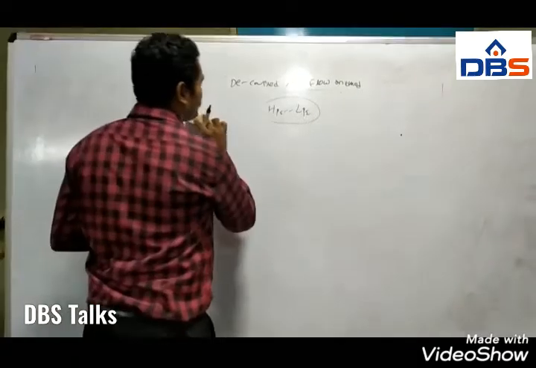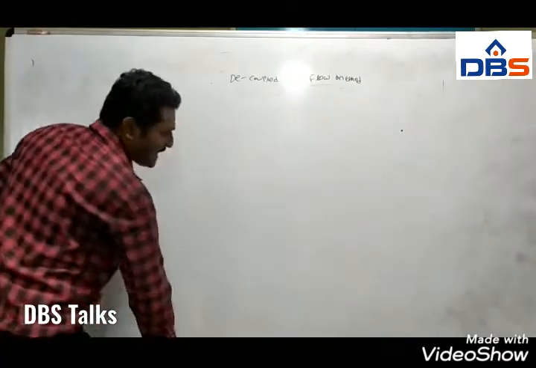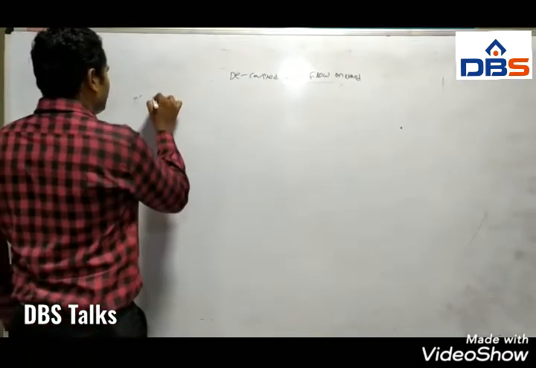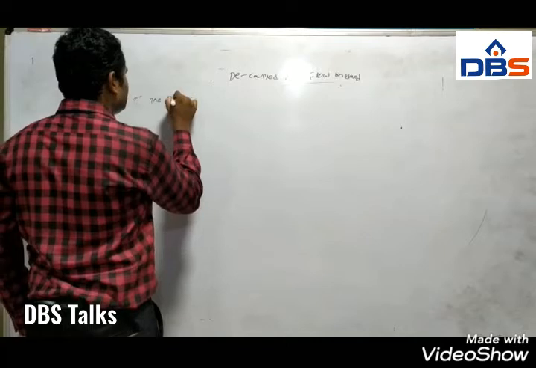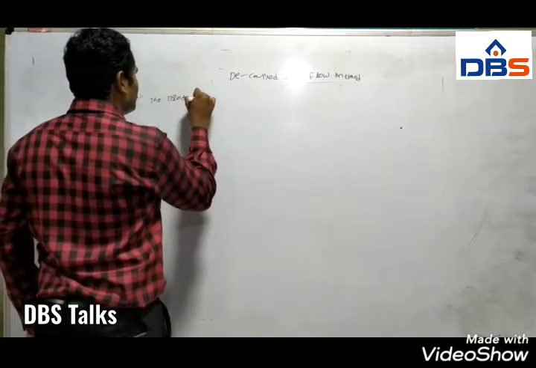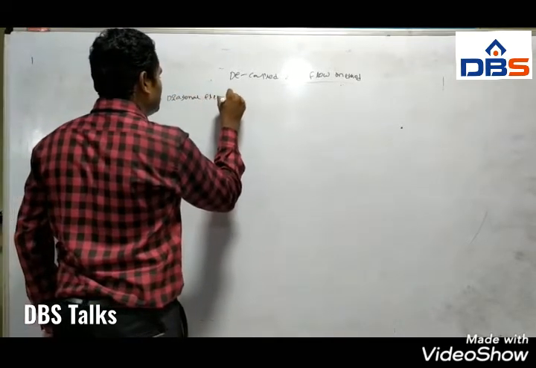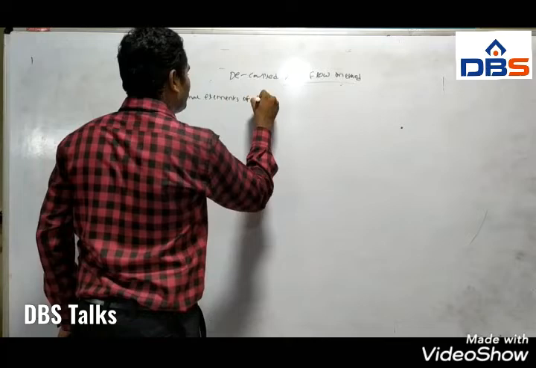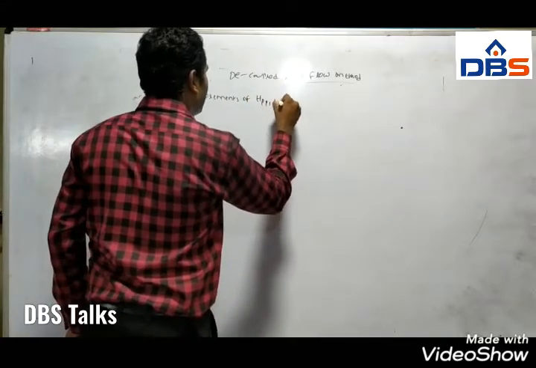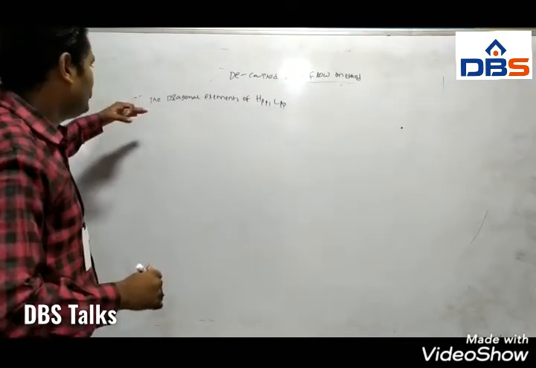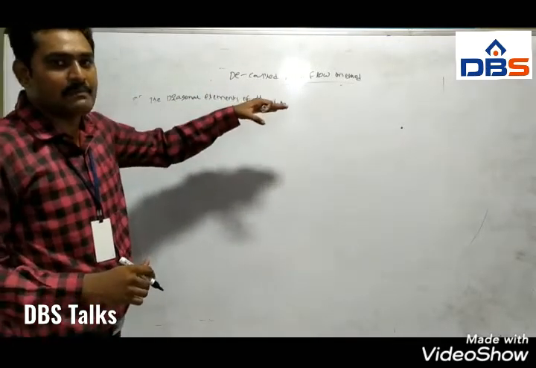Here we have to obtain the diagonal elements also. For that, we have to obtain the diagonal elements of HPP and LPP.